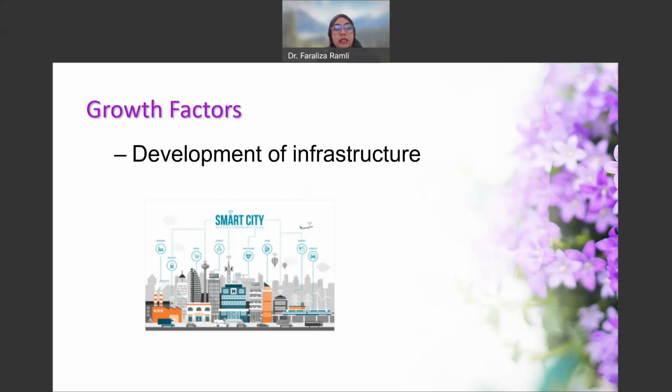Okay, the infrastructure sector primarily comprises electricity, road, telecommunication, railway, and so on. Okay, this is a growth factor.